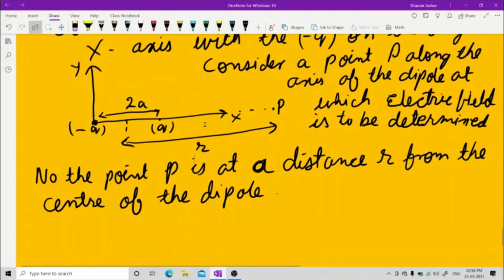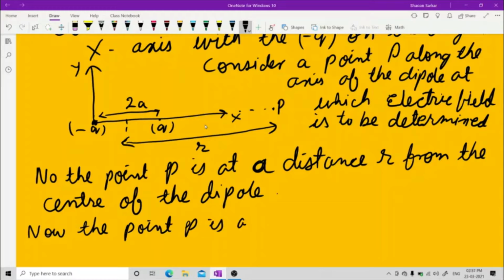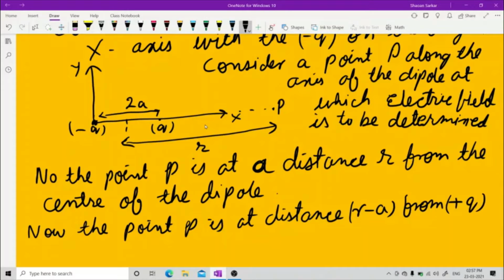Now the point P is at a distance r minus a from plus q. That is, from here to here it is r minus a, because this whole is r and this much is a.